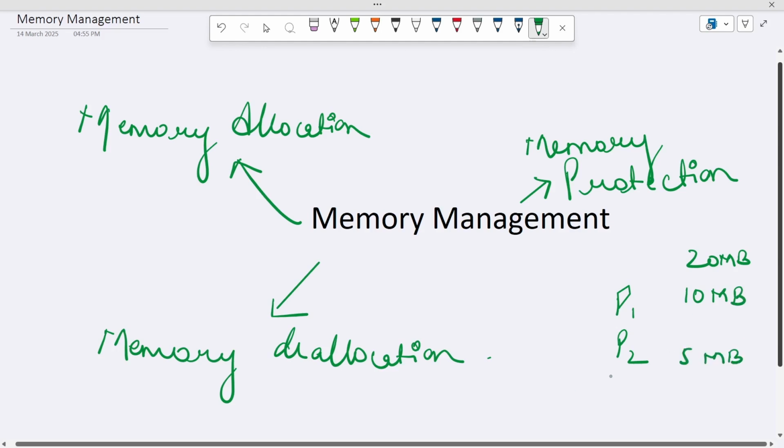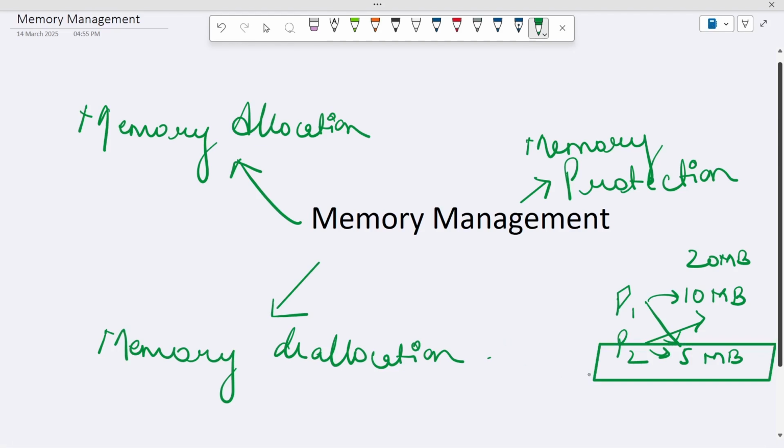Memory protection says that whatever memory is allocated to a particular process, only that process can access it. P1 cannot access P2's memory, and P2 cannot access P1's memory. If P2 uses its whole 5 MB, the process has to wait so that other memory can be allocated to it. But P2 cannot access some other process's memory. That's what we call memory protection.